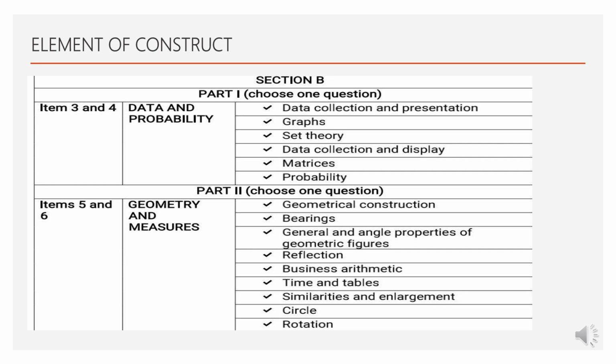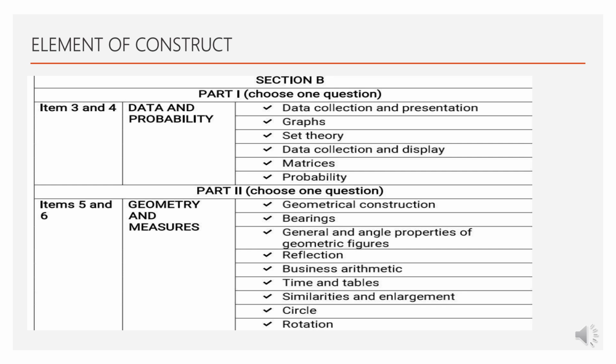Item 1 and item 3 and 4, these 2 items are actually generated from a theme called data and probability. Now, to come up with this theme, we talk about the following topics. 1, data collection and presentation, that is taught in senior 3. Graphs, taught in senior 2, second term. Yes.